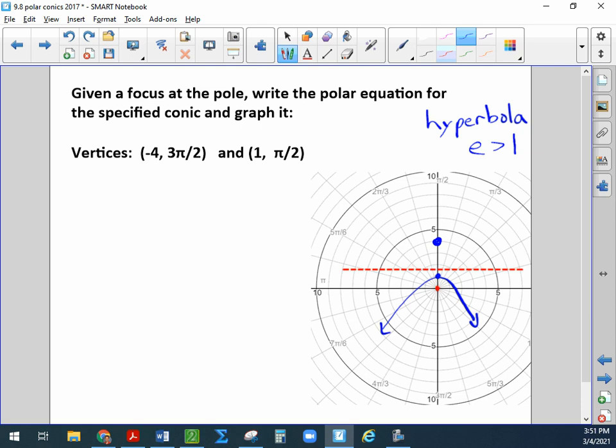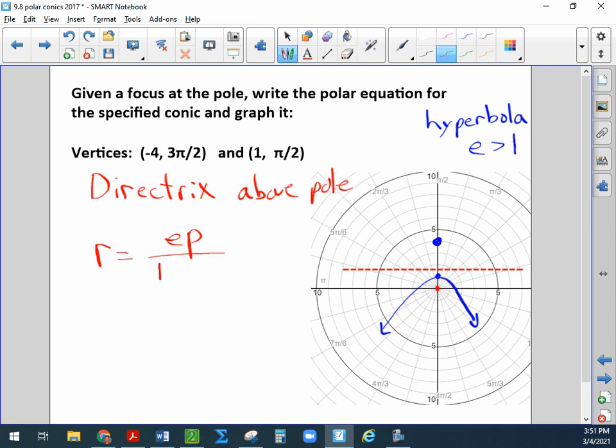So my directrix is going to be above the pole. And because it's above the pole, my equation is going to be r equals ep over 1 plus e sine theta.